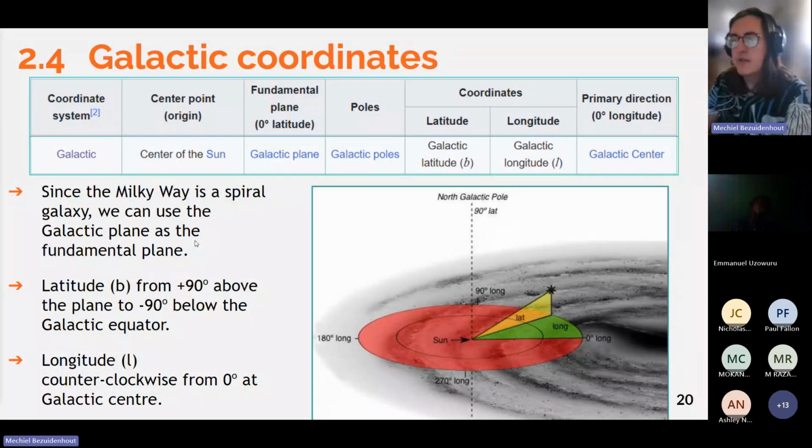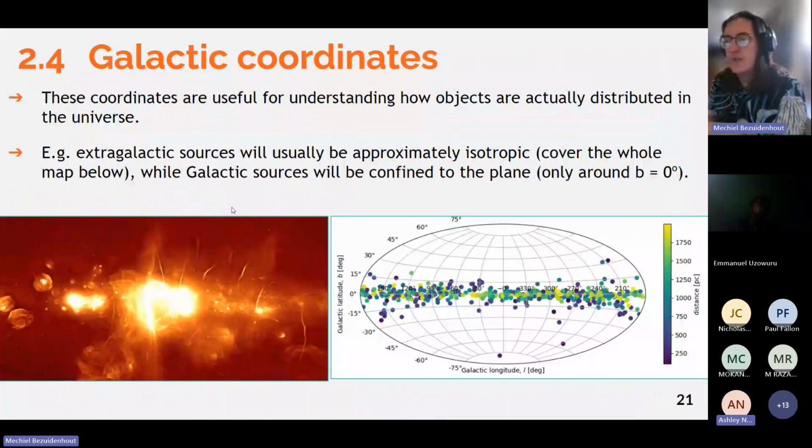And to define the longitude, L, we look at the galactic center, that's 0 degrees, and then we measure counterclockwise from 0 around to 360 degrees. These coordinates are most useful for understanding how objects are actually distributed in the universe.